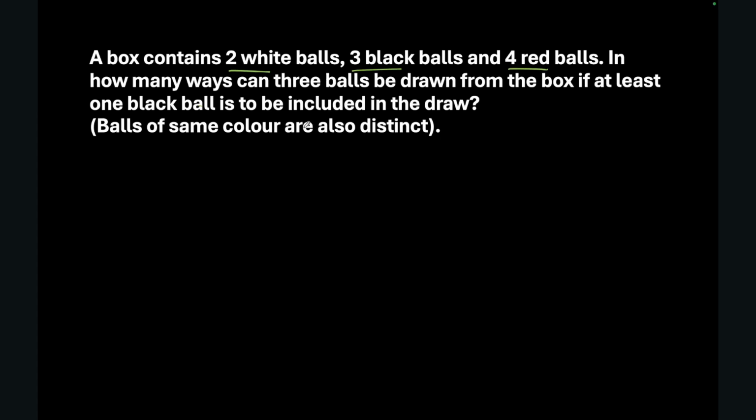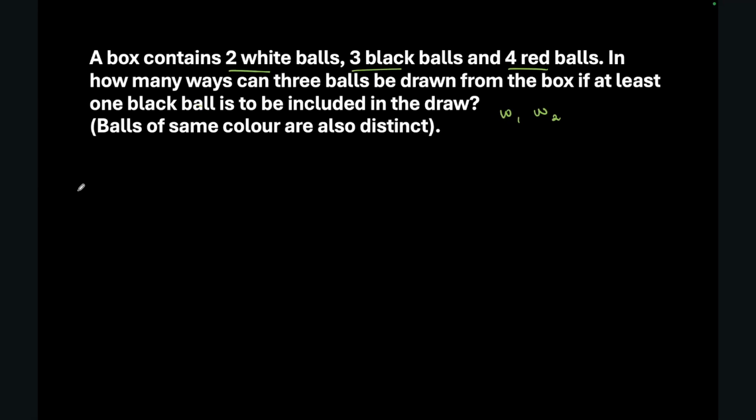Okay, so again, why is this a combination, not a permutation? Well, if there are 2 white balls, let's say W1 and W2, and I pick W1 first and W2 second, it doesn't matter. You can't really differentiate between them, right? So that is why we're not using permutations. We're just trying to figure out how many selections can be done, because they mean the same thing.